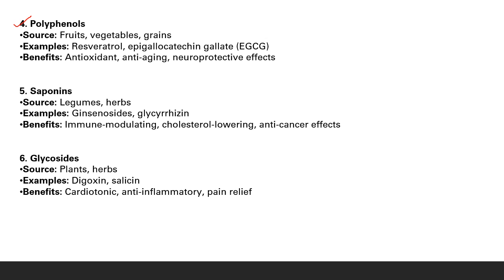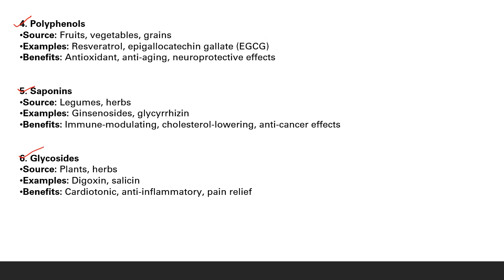Fifth one is saponins, which we find in legumes and herbs. Ginsenosides and glycyrrhizins are examples of saponins, and the benefits are immune modulation, cholesterol lowering, and anti-cancer effects.